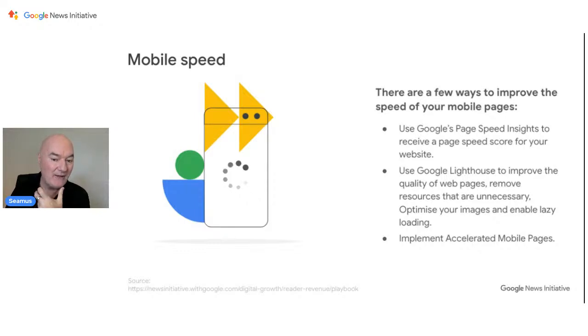And it's a ranking factor when it comes to mobile searches as well. So that can potentially have an impact when it comes to the search rankings, which can be crucial for reader engagement afterwards as well. So some of the best practices for that. One of the options that sometimes is being suggested, especially on some of these Google courses, is using Google Lighthouse, that can help you to determine what actually is taking so long to load up on your site.